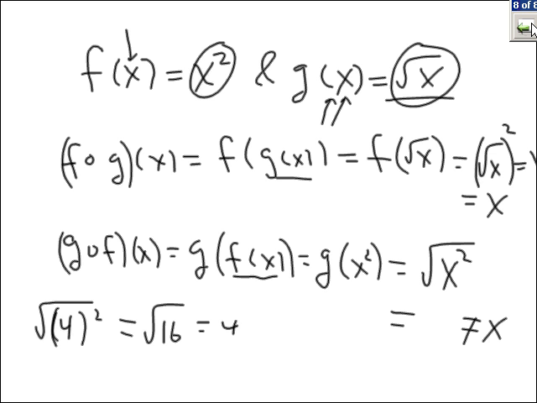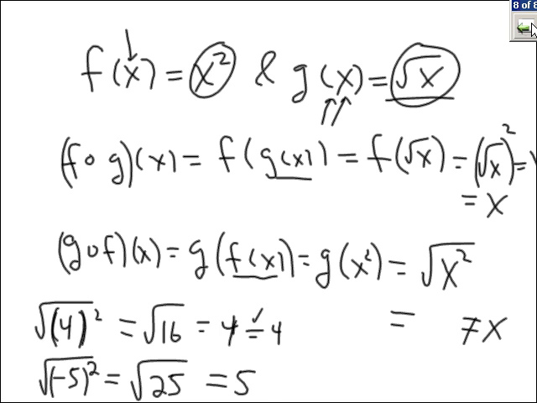That is, I did get what was in the brackets. But what if I take the square root of negative 5 squared? That is, I take the square root of 25. I get back 5. That is not what's in the brackets.